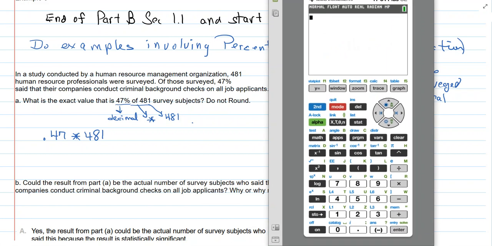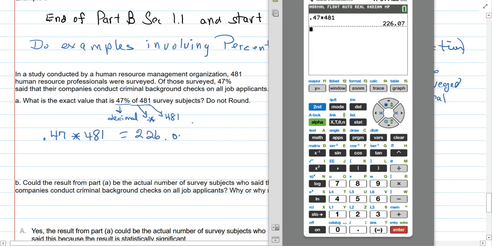Everybody can see it. I'm going to enter the decimal .47 times the 481 people in the study, and we get a value of 226.07 subjects or professionals. Okay, well, what is wrong with this?